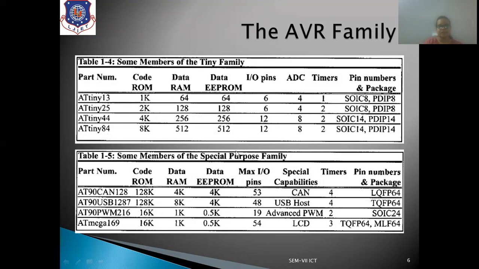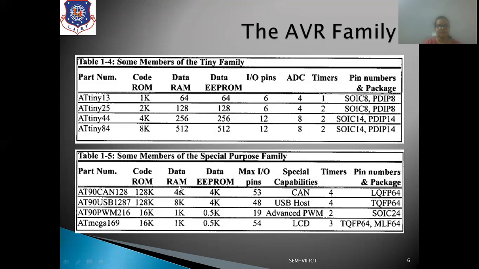And when we talk about the special purpose family, the part number can be from 90, right? Here the capabilities are: if it is designed for CAN, then it is defined as CAN 128. If it is for USB, then it is USB 1287. If it is for PWM, then PWM 216 and ATmega 169.